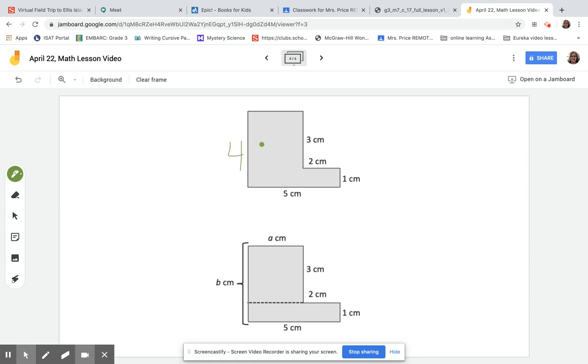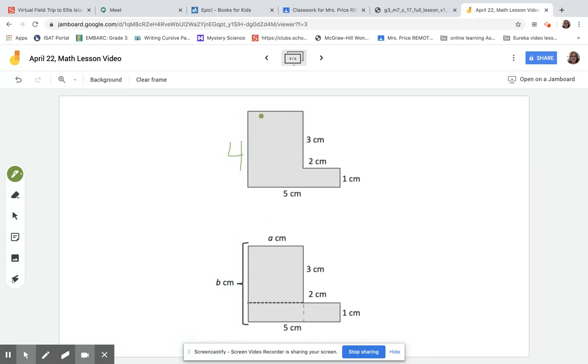Okay, for this top one right here, we need to find how many centimeters that one is. Okay, and if we draw that dotted line down here, we know that all the way across is 5 centimeters.